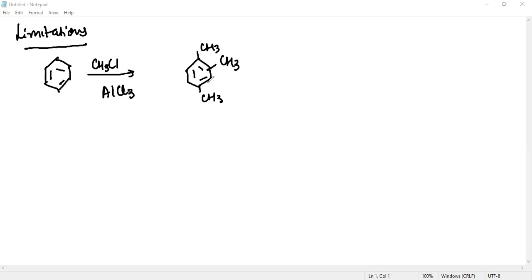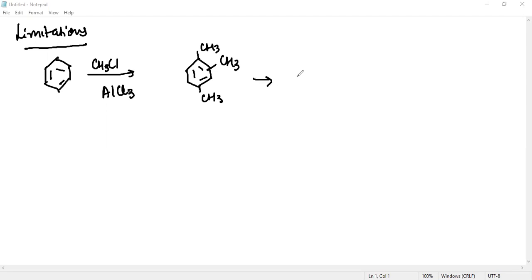And if you want this as a product, then it's not a problem. But what if you just want only one methyl group attached to the benzene ring? Then it is a problem. So when you have more than one substitution of CH3 groups or alkyl groups on the benzene, we call it polyalkylation. But we do have a way to get around it.